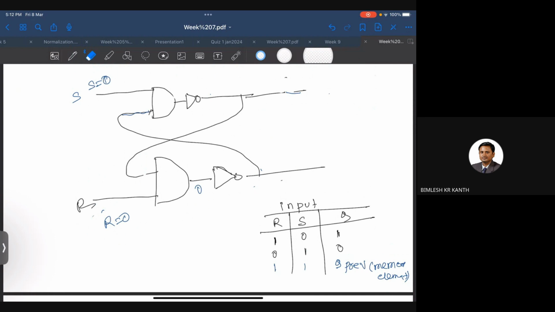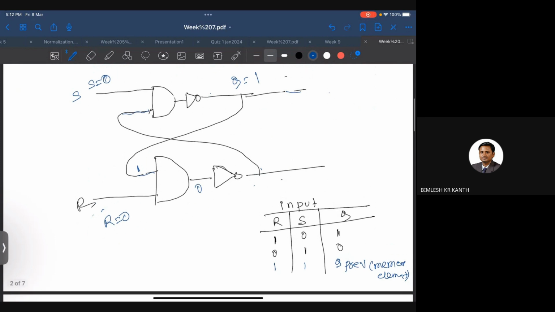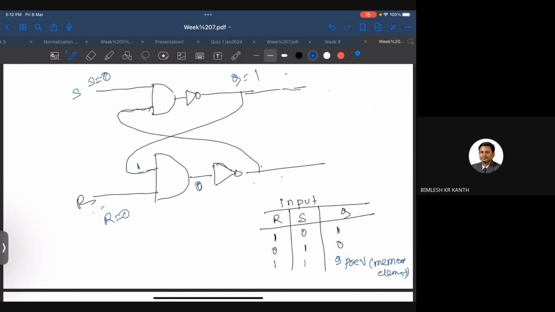When S equal to 0, R equal to 0, so let's say Q equal to 1. Okay, 1 0, this is 1 1 0, this will be 1 0, this will be 0, right, and this will be 1.